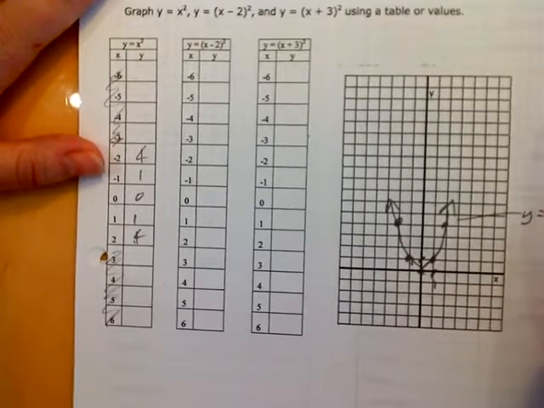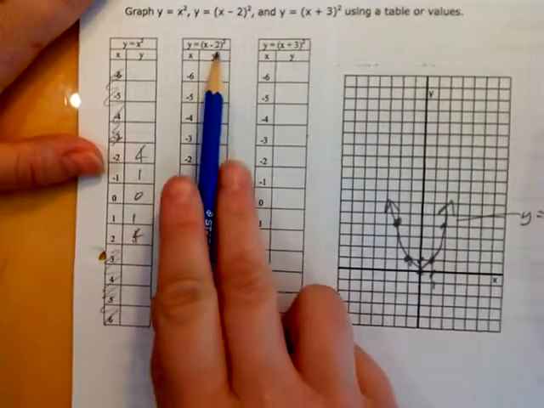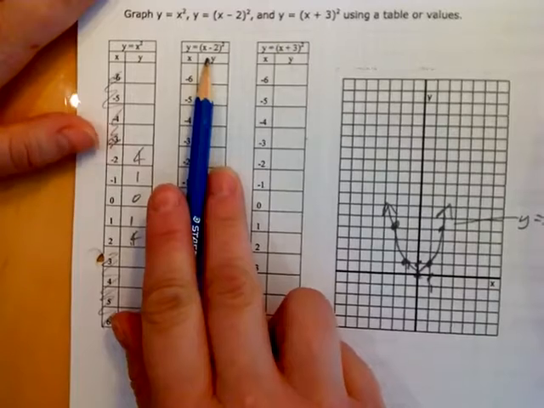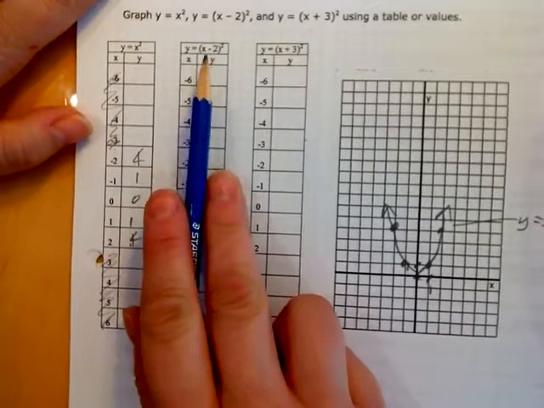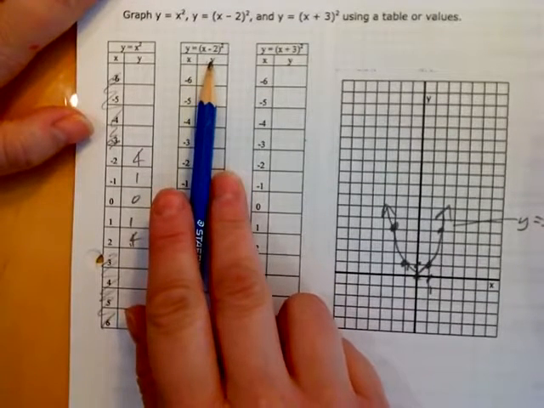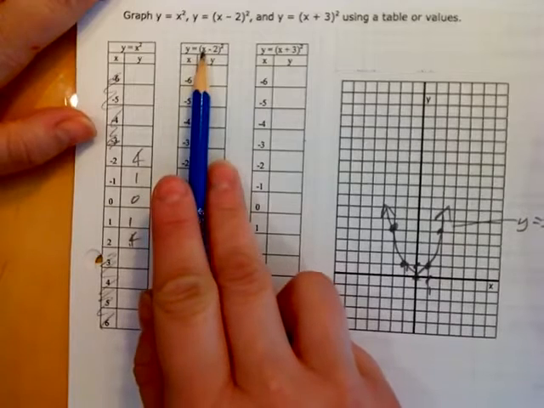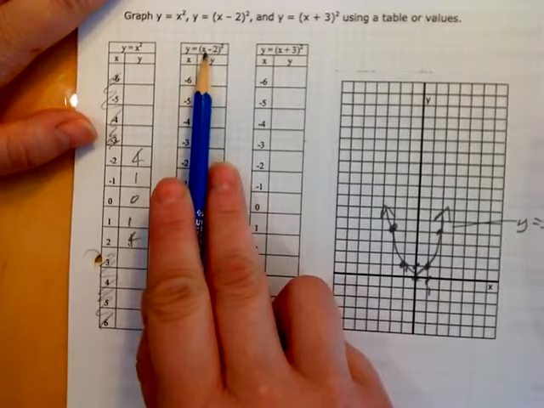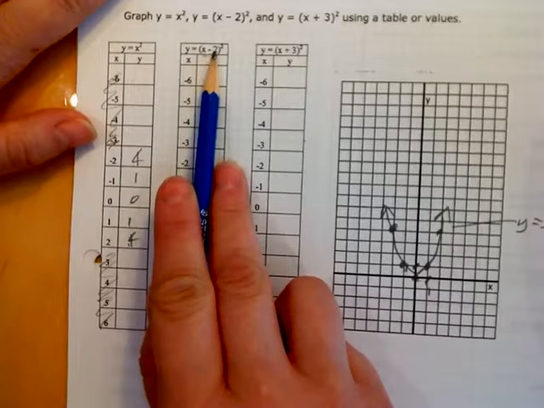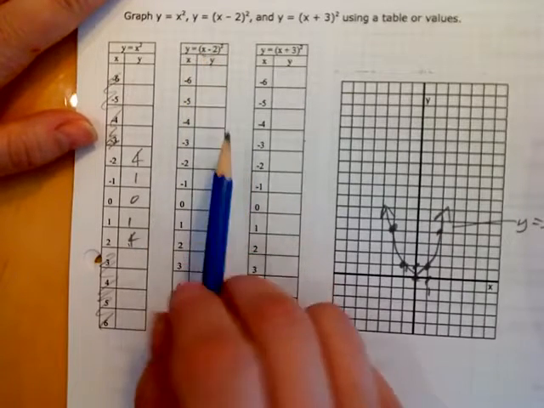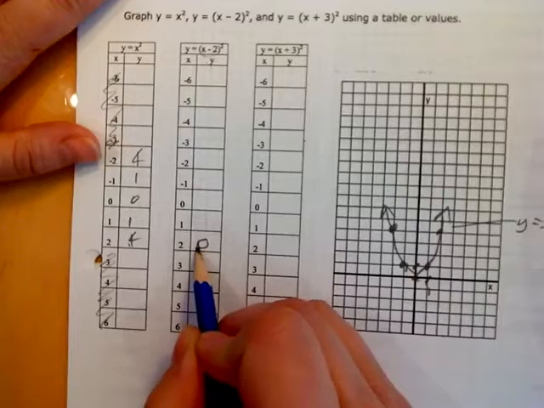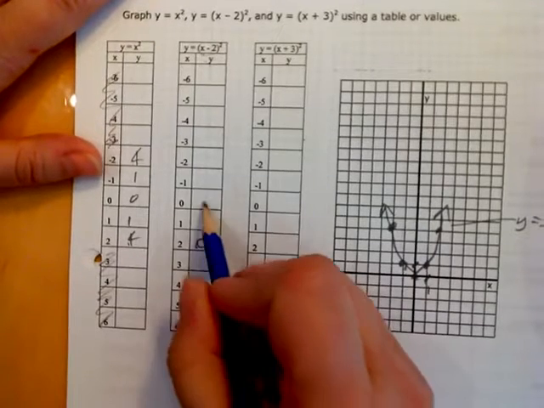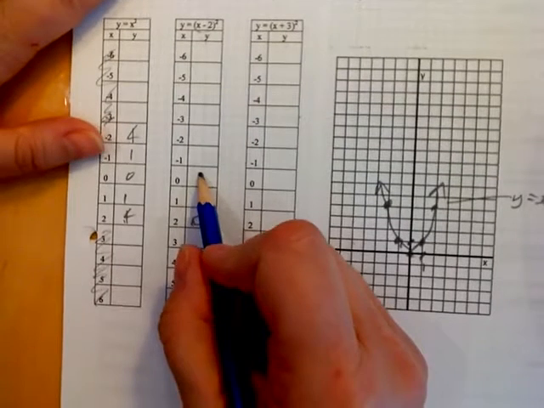Now, when we make this table of values, I want to start with where y equals 0. So let's think, what do I need to plug in for x to make this 0? 2, of course. 2 minus 2 is 0, and 0 squared is 0. So when x is 2, y is 0. From there, I'm going to do 2 this way and 2 this way, and the rest we really don't need.